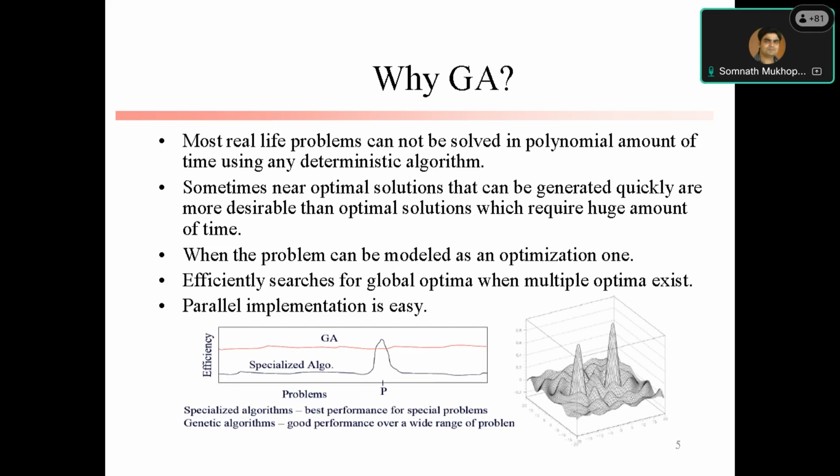So this is an NP-hard problem. If we consider 100 cities, the possible paths of visiting 100 cities will be factorial 100. It is really difficult even to compute factorial 100.